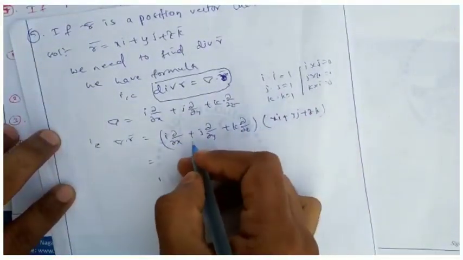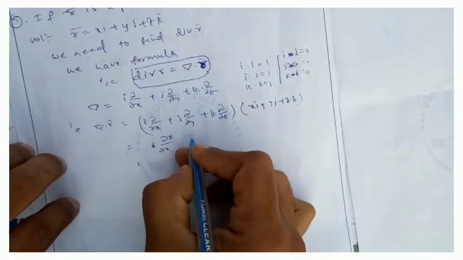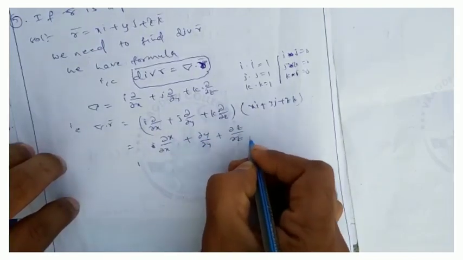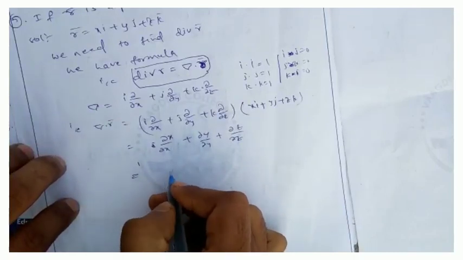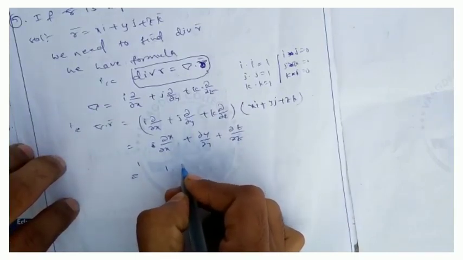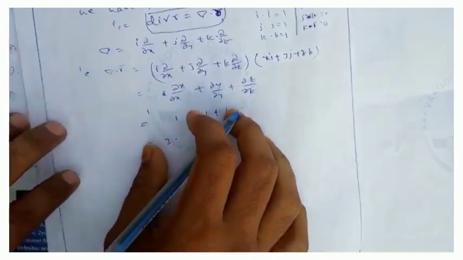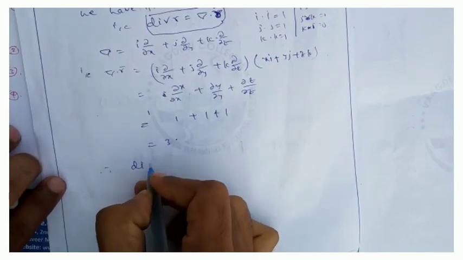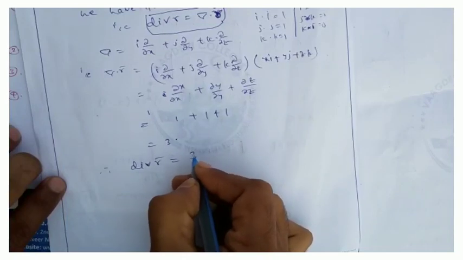So now doing the multiplication, dot product, we get dou x by dou x plus dou y by dou y plus dou z by dou z, that is equal to 1 plus 1 plus 1 is equal to 3. Therefore divergence of a position vector is 3.